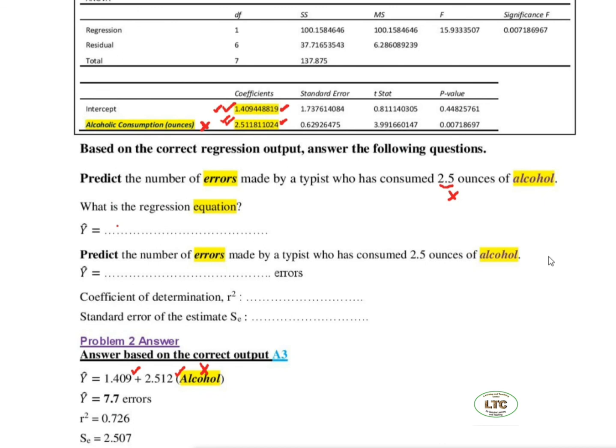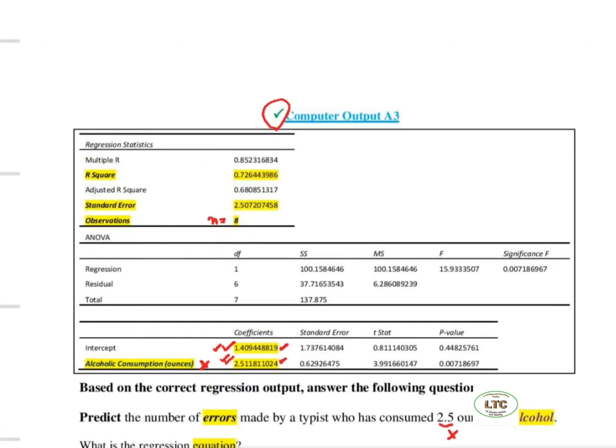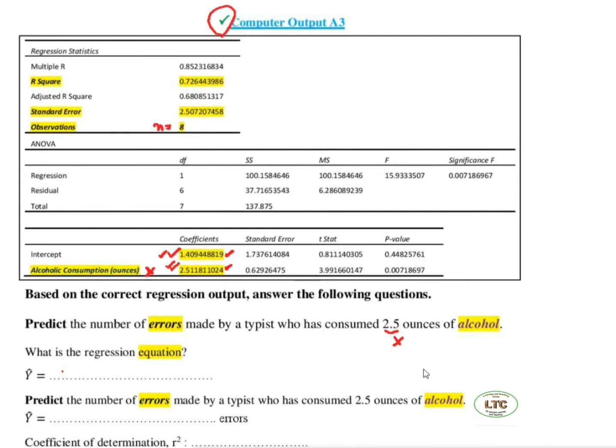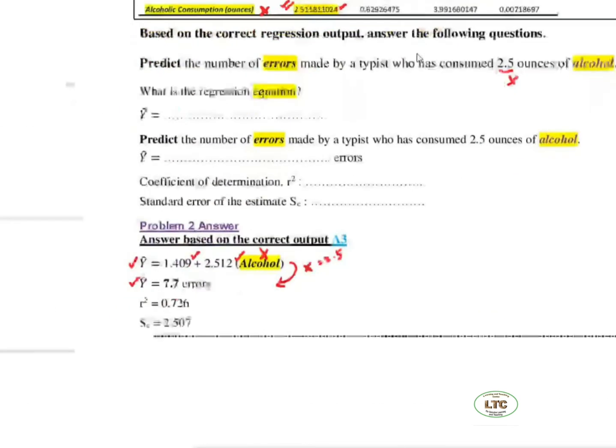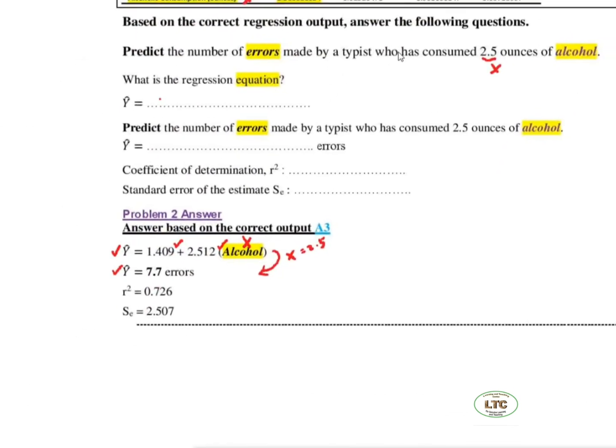So this is the answer for question 1. Number 2, if you enter 2.5 and compute, you get 7.7 errors. X is 2.5. R square you can copy from the table. R square is here, S sub e is here. So you copy these two.